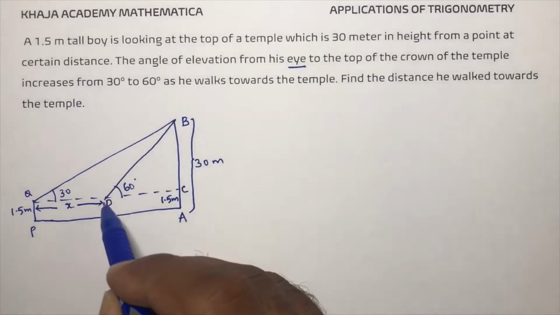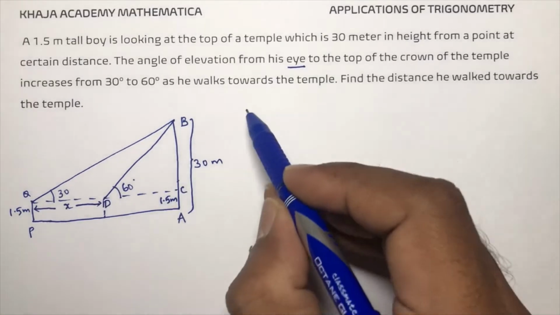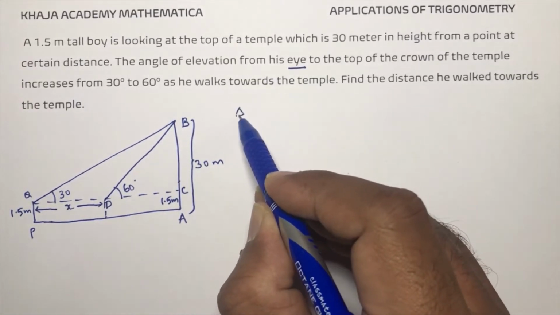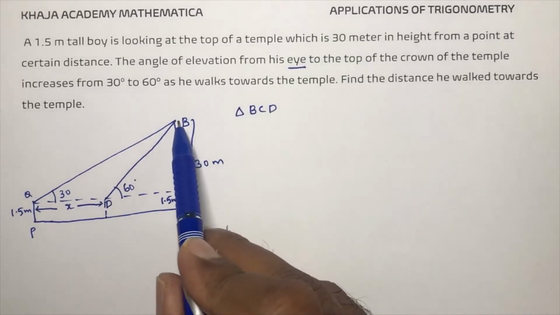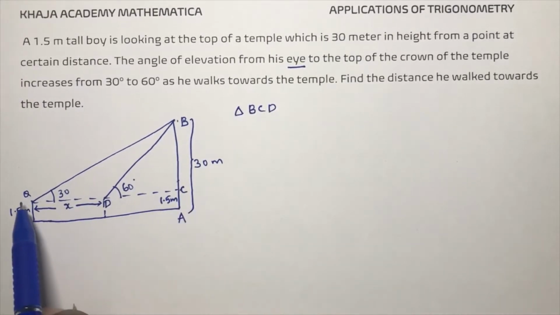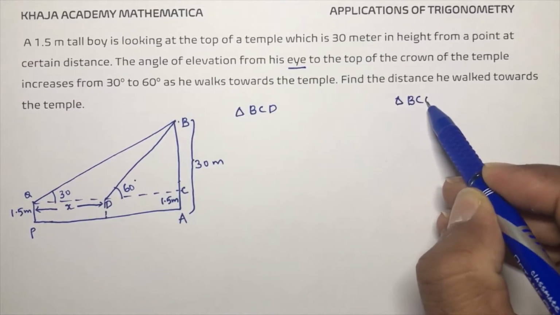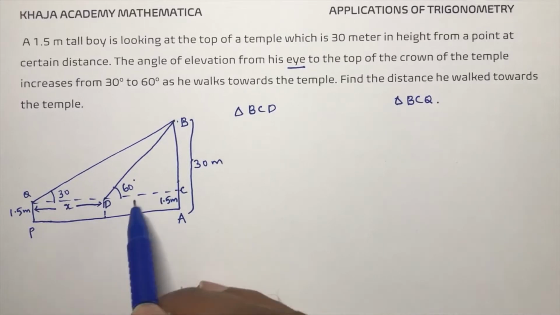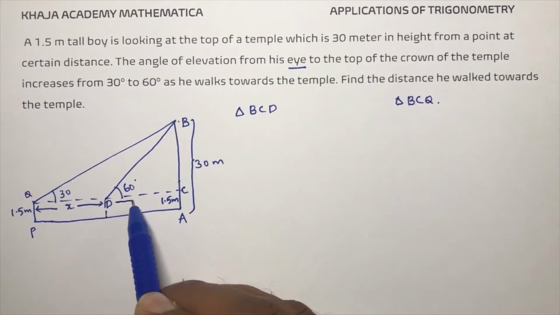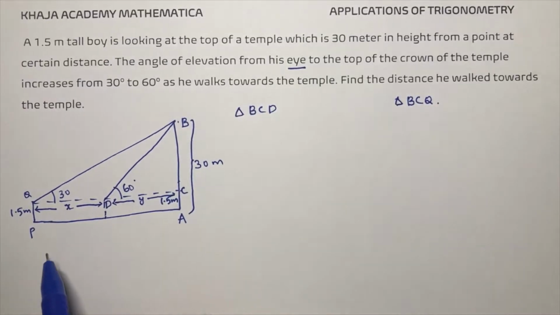Now see here, you take the triangle BCD and triangle BCQ. So QD is x, CD considered as y.